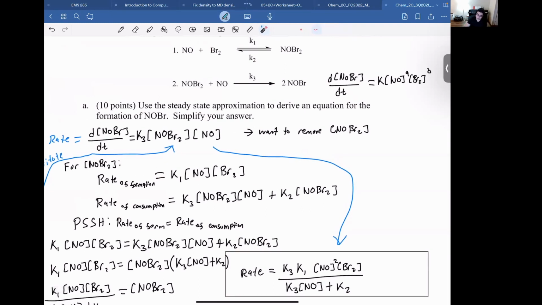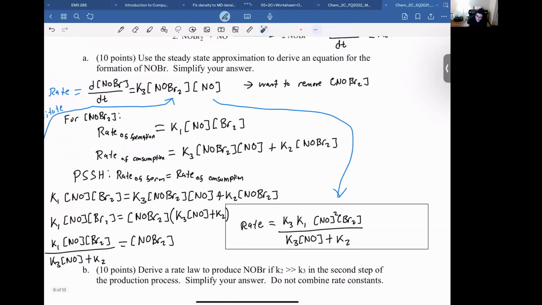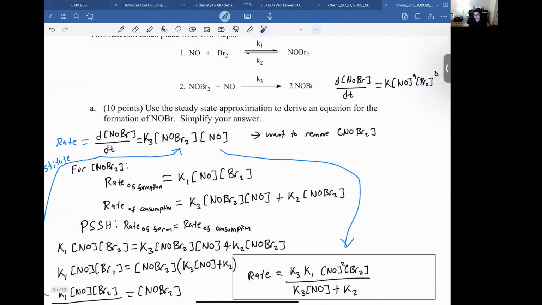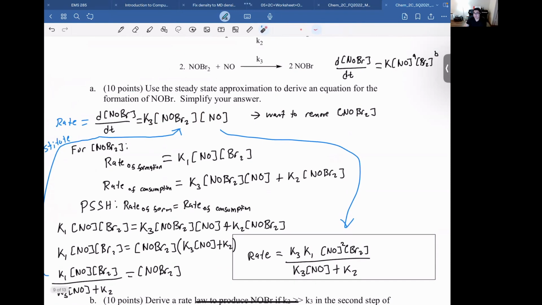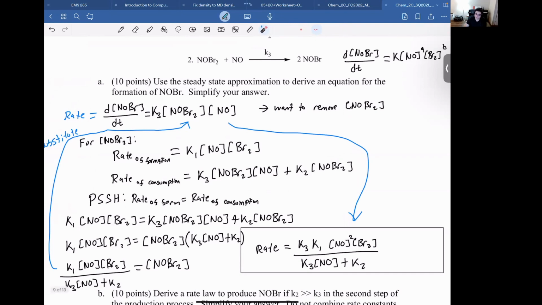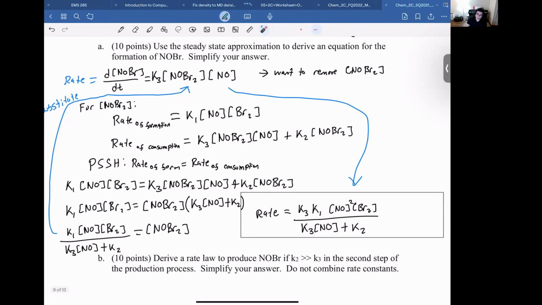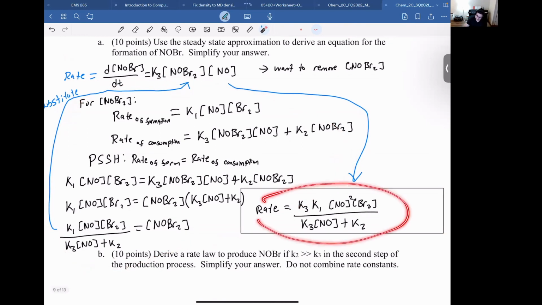So the rate law for this is the second one, right? That's where the NOBr is forming. Then you say, well, that's not in terms of the original reactants. I want to substitute one of these. Then you use the pseudo steady state hypothesis to do the substitution, is what all of this is, right? You substitute it and then you plug it in.